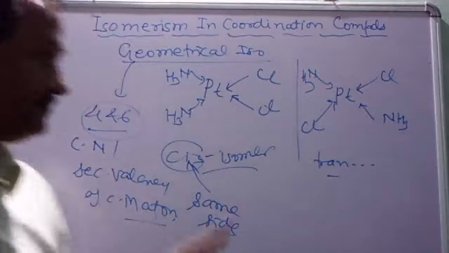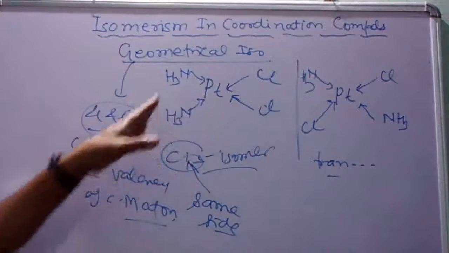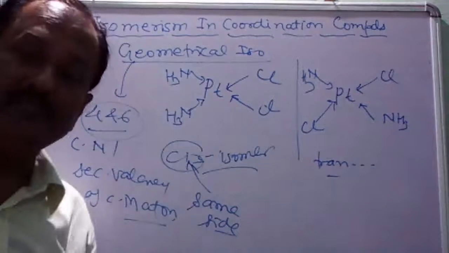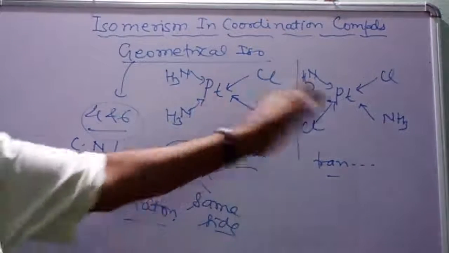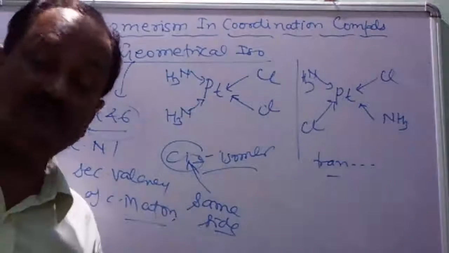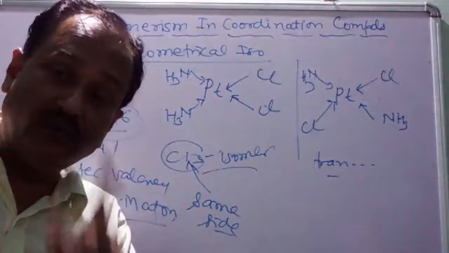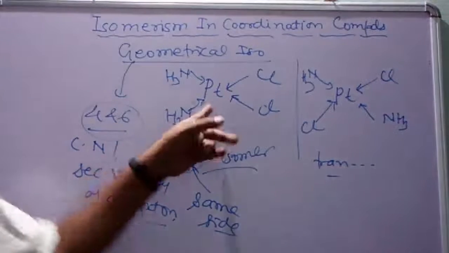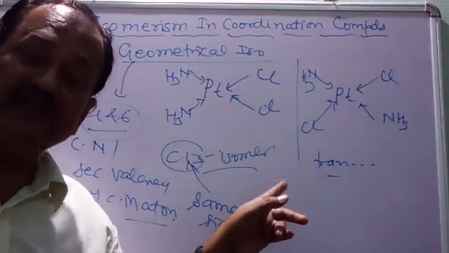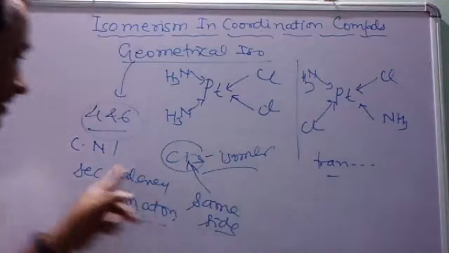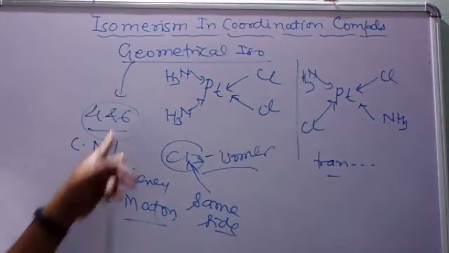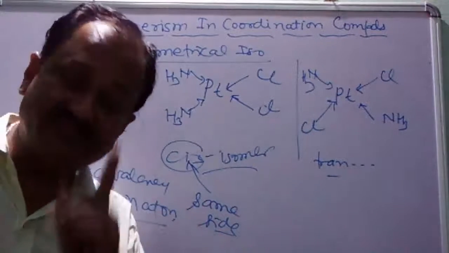Again I am repeating, isomerism is said to be geometrical when there is just an exchange in the position of ligands, and it is exhibited only by a central metal or metal ion having secondary valency or coordination number 4 and 6 only.